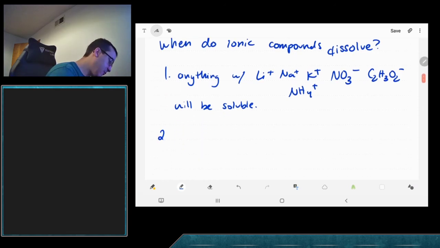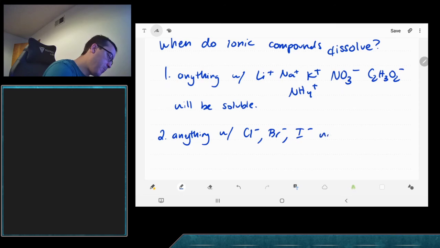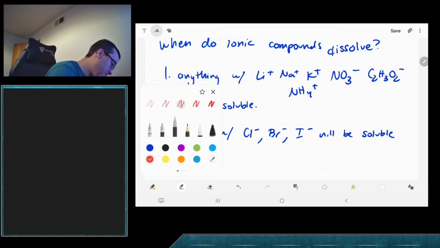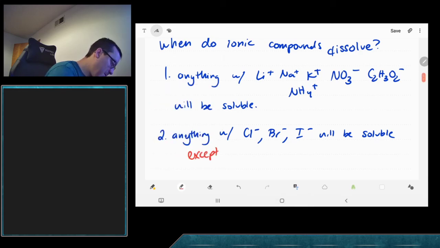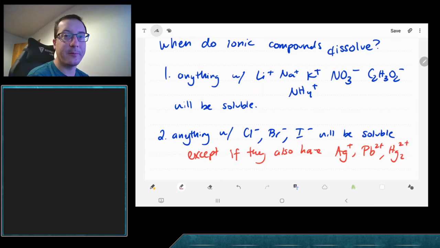Okay, second rule is any of our halides will be soluble, except if they also have silver, lead 2 plus, or mercury 1.